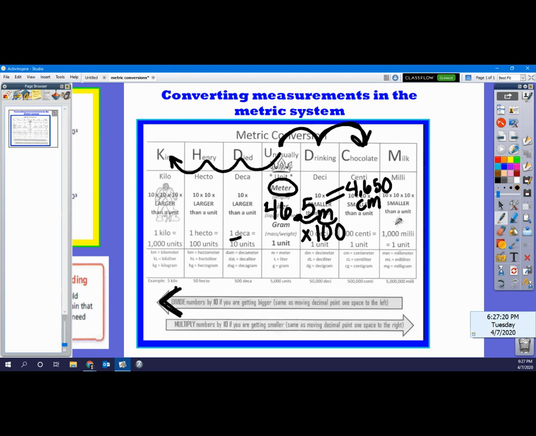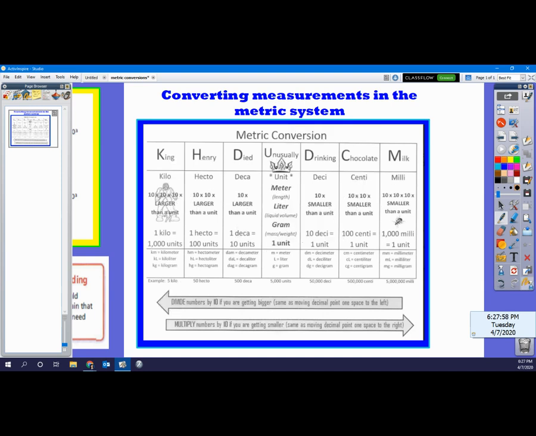So 46.5 divided by something that has 3 zeros because I jumped 3 times, which means my decimal is going to move 3 times, which means that 46 and 5/10 meters is also equivalent to 465 10,000ths of a kilometer. So it's not even 1 full kilometer yet. So it's really just about multiplying and dividing by a power of 10.